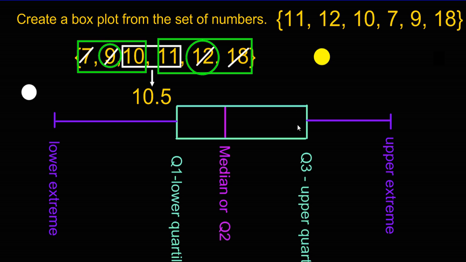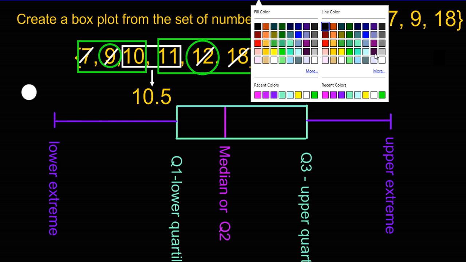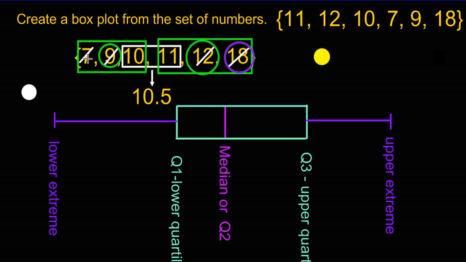Then all that's left to do is to label the upper extreme and lower extreme, which is simply by finding or locating that highest number in the set of data, 18, and the lowest number, 7, and then marking it accordingly on your box and whisker plot.